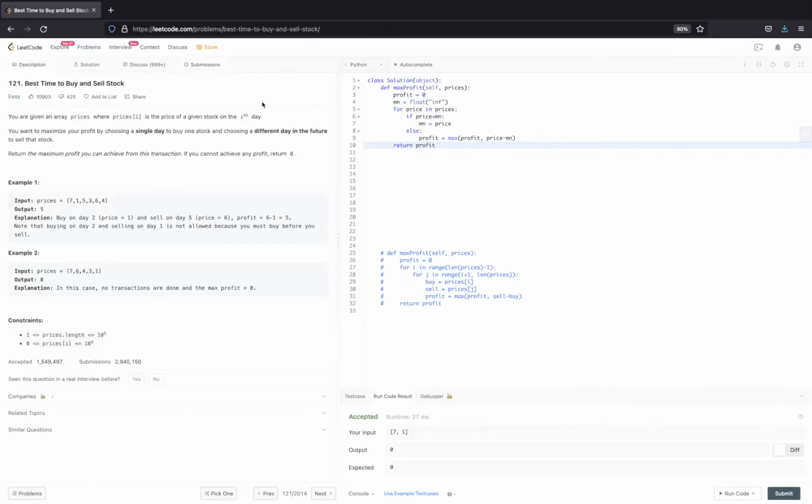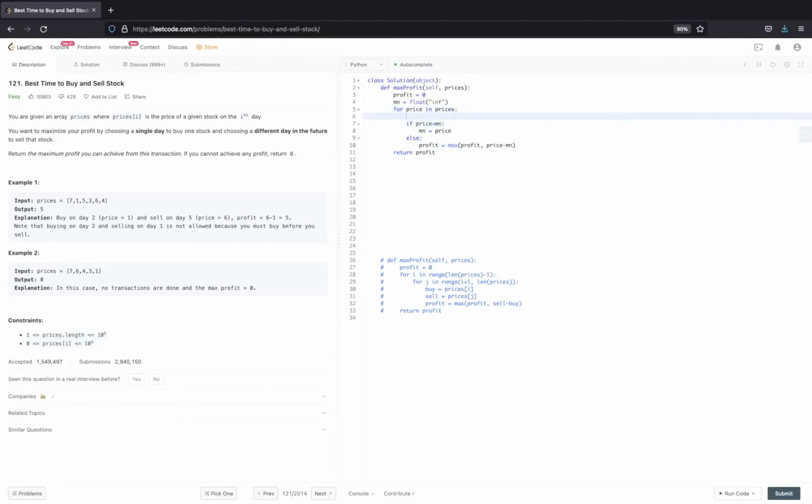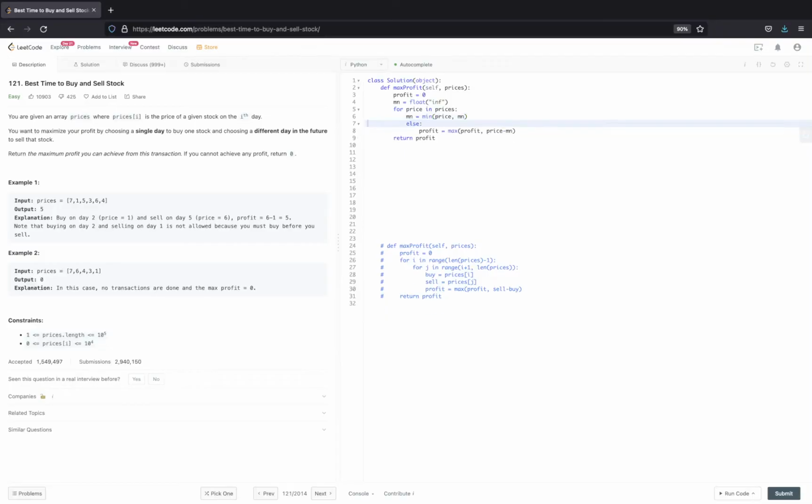Okay, it's working. Submit it. Awesome, it does. So now we can do a slight code cleanup, where we don't need to write so many conditions. I'm tracking the minimum, so my min is min of price comma min, and I can have profit as max of profit minus.